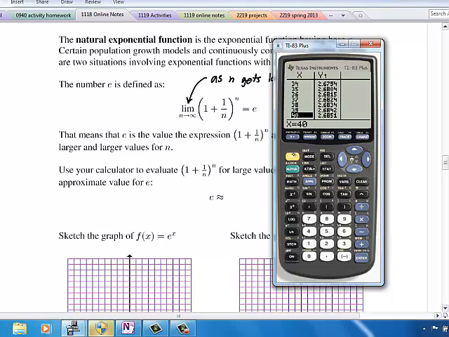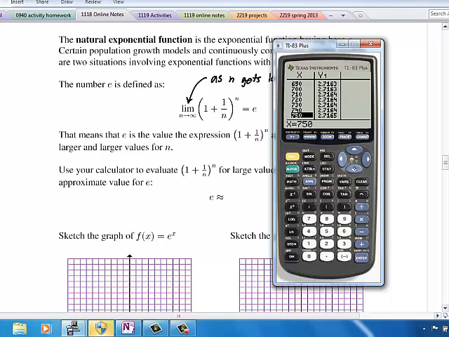Let's go to table set again. Let's start at 10 and we'll go up by 10s. So you can see these are still increasing slightly, but they're only increasing out in the thousandths place at this point.